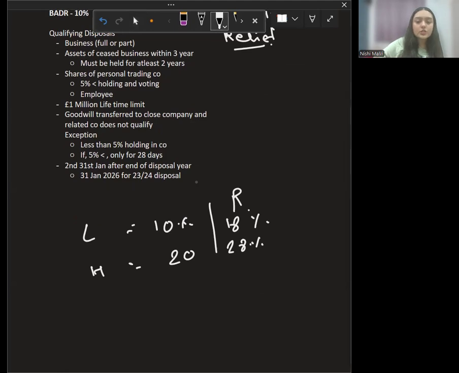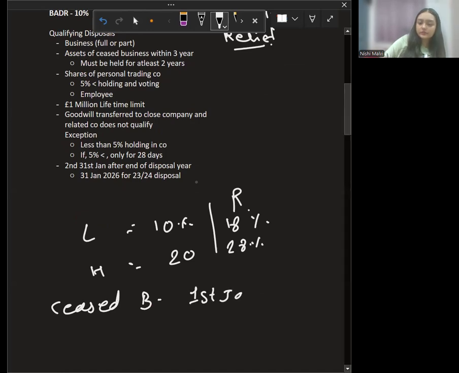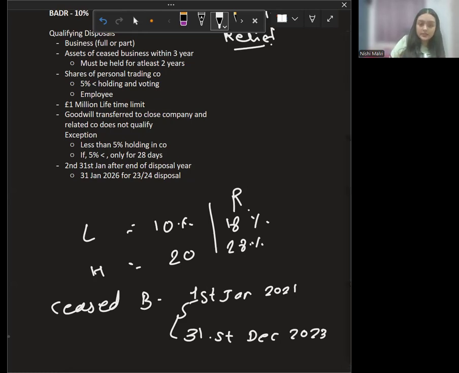For example, suppose you ceased trading of the business on 1st January 2021. Within 3 years, up to 31st December 2023, if you dispose of any asset which was used in this business, then you can get BADR on that.